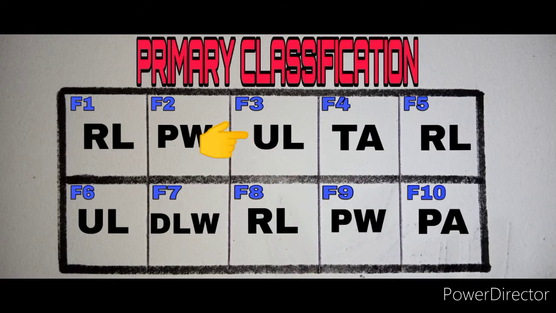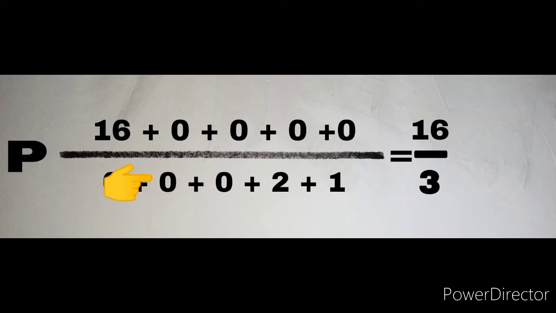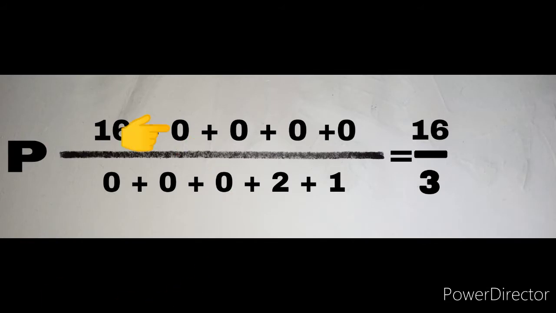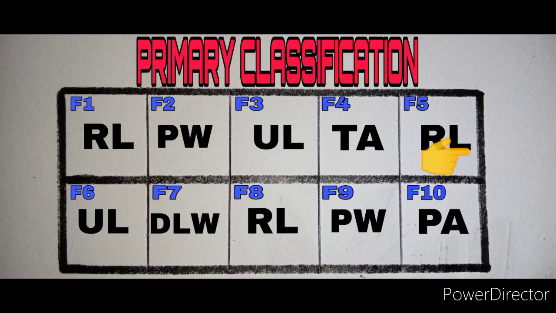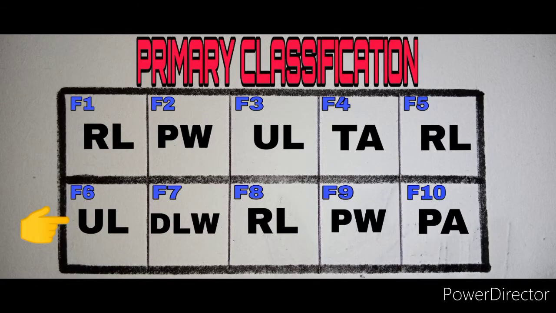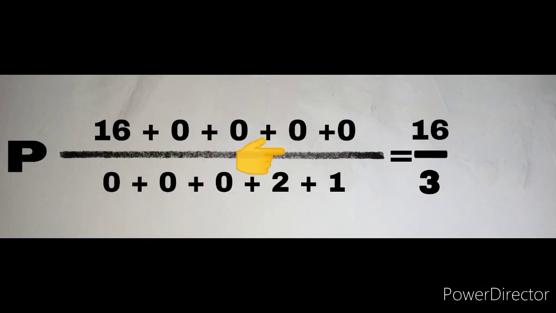Finger 3, ulnar loop, 0, place to denominator. Finger 4, tented arc, 0, place to numerator. Finger 5, radial loop, 0, place to denominator. Finger 6, ulnar loop, 0, place to numerator.